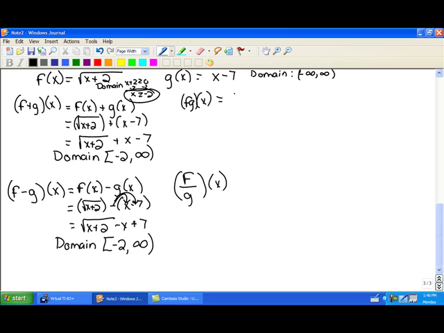When we look at the product of these two functions, we'll have f of x times g of x, or in this case, we're going to take the square root of x plus 2 and multiply it times the x minus 7. We are going to have to remember the distributive property. The square root times the first term is going to give me x times the square root of x plus 2.